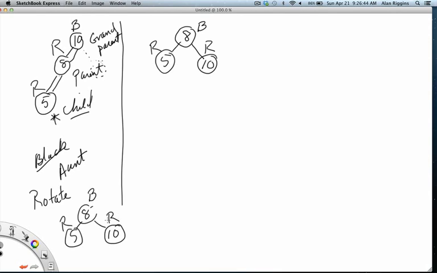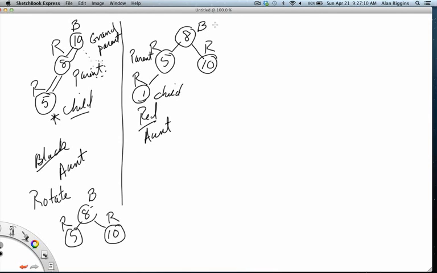Now the other condition is a color flip. So this is the red ant condition. So we will insert here a 1, and it's red. This causes a red violation. Again, this is the child. The 5 is the parent.